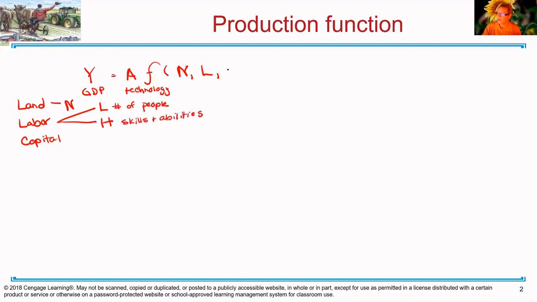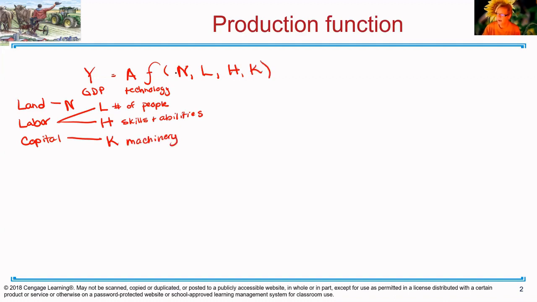And then we're going to say capital. Instead of using C for capital, we're going to use K, which is named after Karl Marx. That's why that's there. But this, again, is like machinery, anything that's used to produce a good or a service.